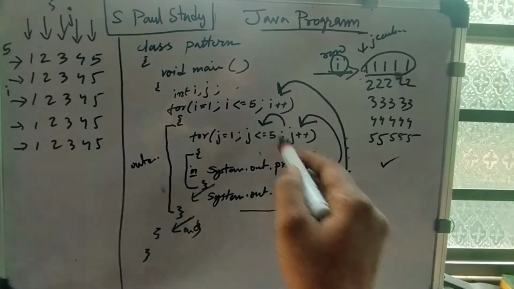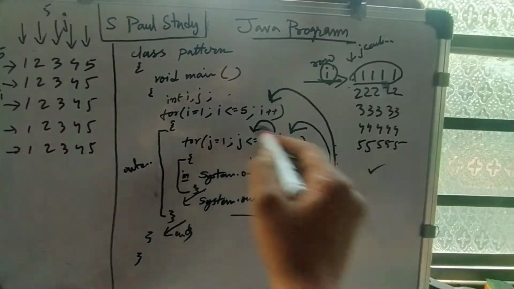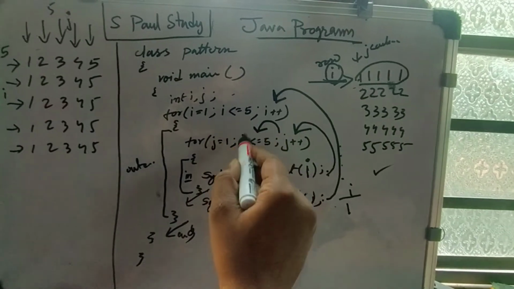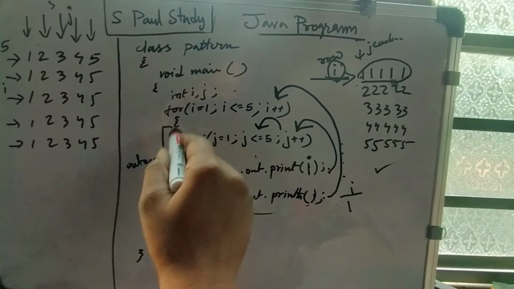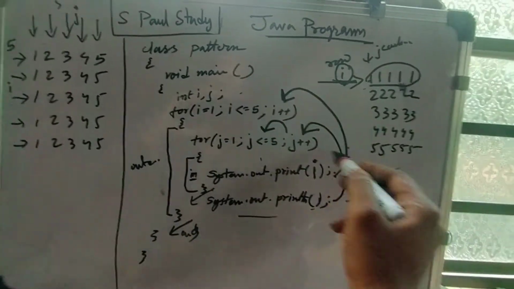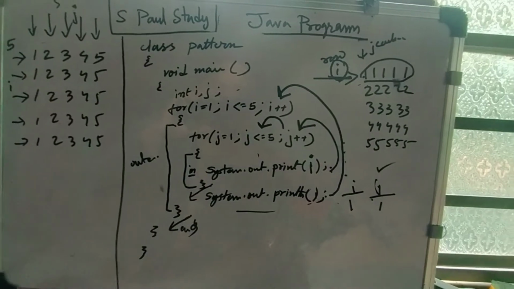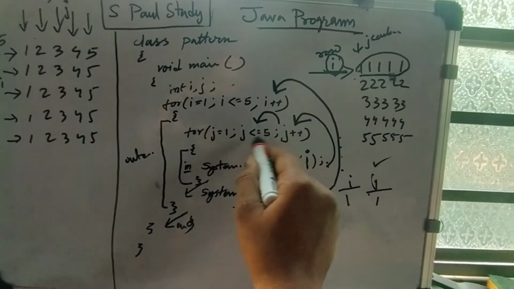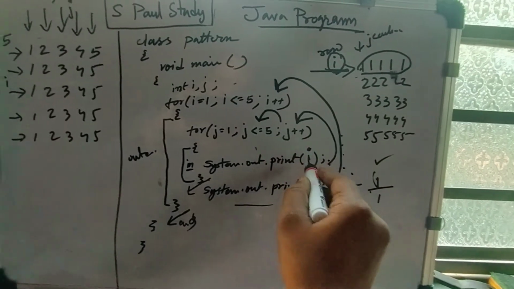Let's check. For I equals 1, I less than or equal to 5, done, fine, comes down. There is no print here. Then we have another fresh for loop, and j is initialized as 1. j checks with 5, yes, comes down, and prints the value of I, not j.